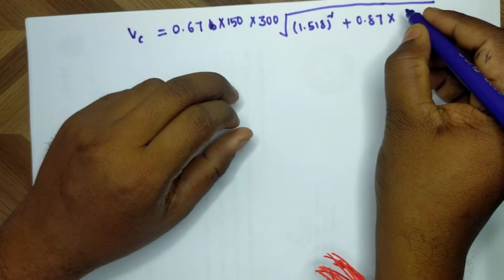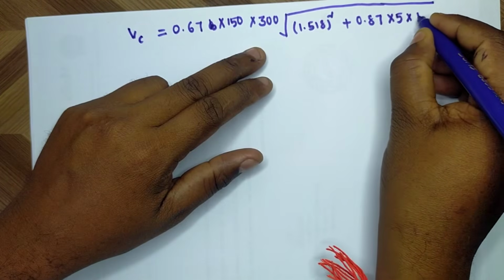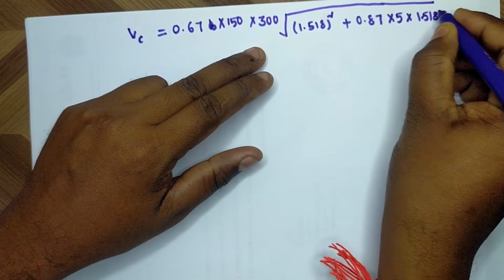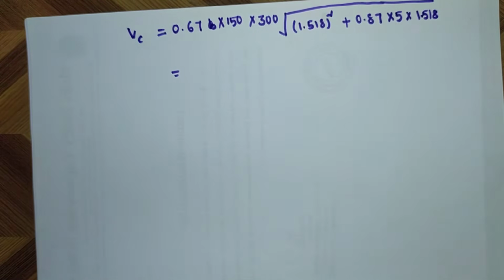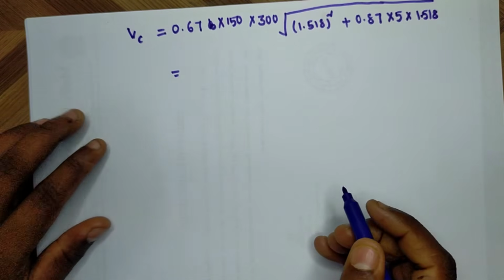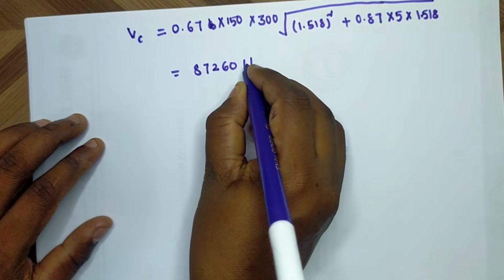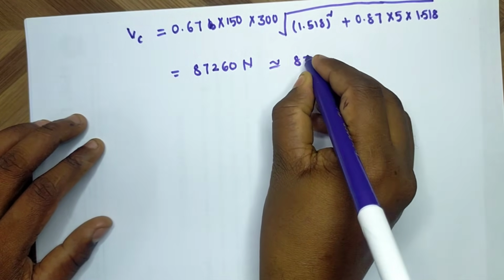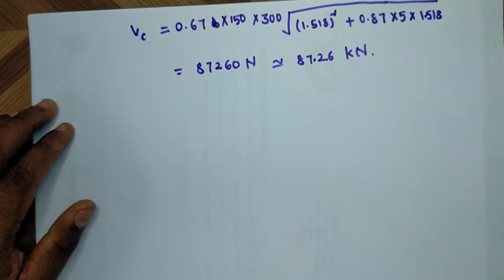FCP value is given as 5 and FT is given as 1.518. Then VC is equal to 87,260 newtons, approximately 87.26 kilonewtons.